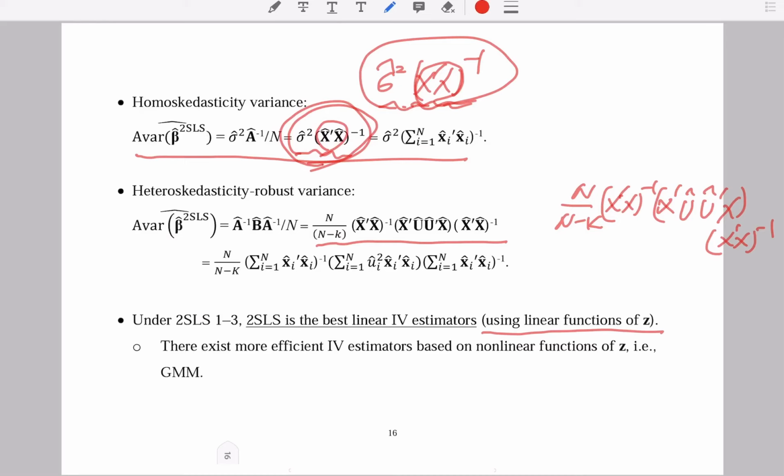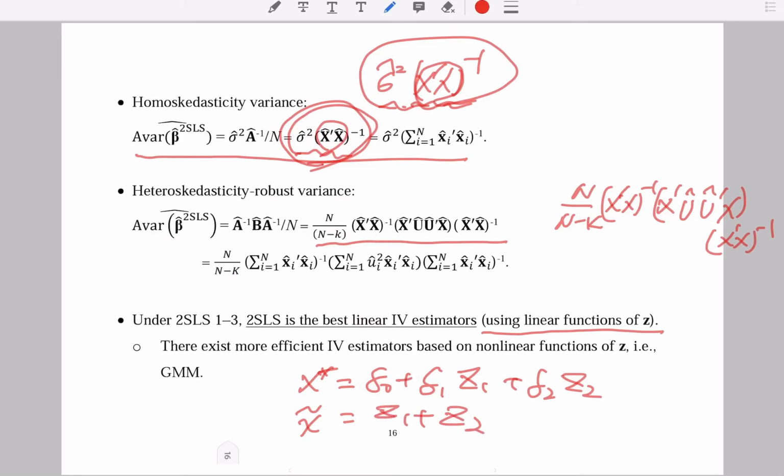For example, let's say x star equals delta 0 plus delta 1 z1 plus delta 2 z2, right? That's the linear projection. So the efficiency result here says that's actually better than x tilde, where we just use, let's say, z1 plus z2.